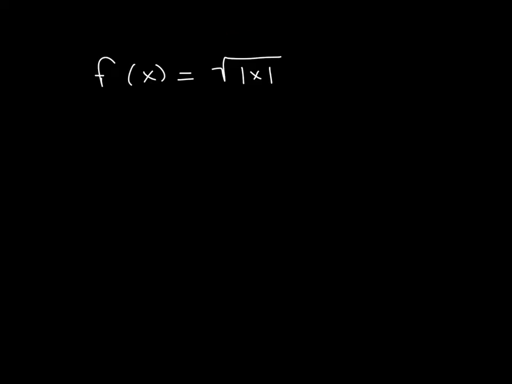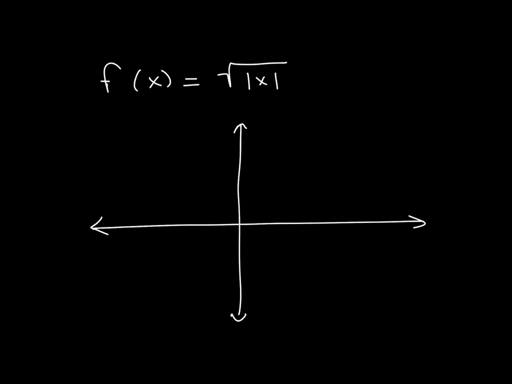Now, this is an example of a graph that has something that's called a cusp. And it starts off like what you would imagine. This on the right-hand side is your square root function. But because I have the absolute value underneath the radical, I also have the left side of the function. Now, the question is, what is happening inside here?